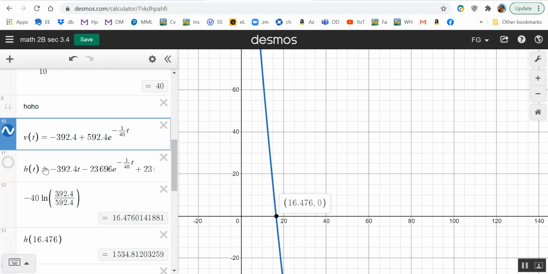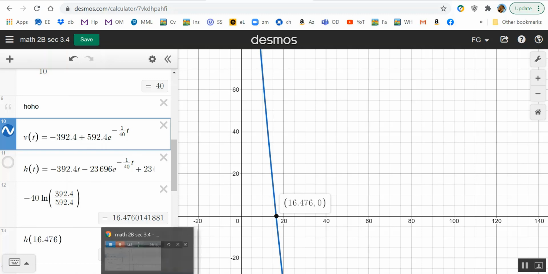I wanted to know the last question, which I haven't done yet: how high does the ho-ho go? Well, we know it turns around at 16.48 seconds, so if we compute the height at 16.476 seconds without rounding, we get 1,534.81 feet. So using Desmos as a calculator, type in h and then compute h at the value you want.